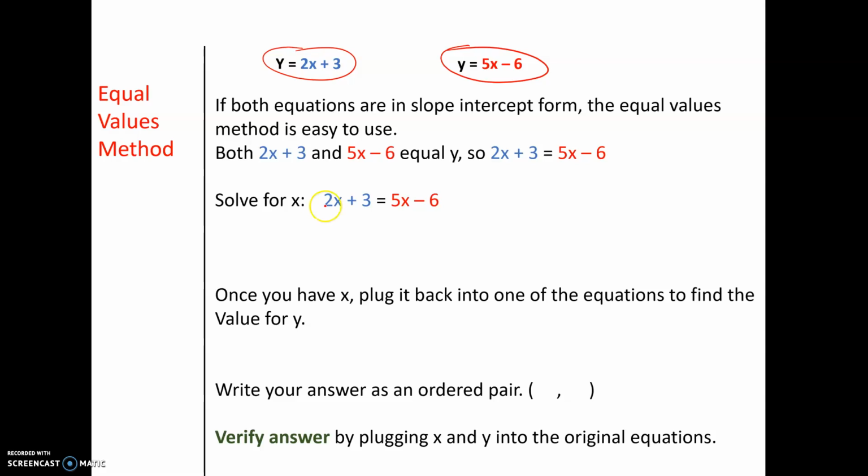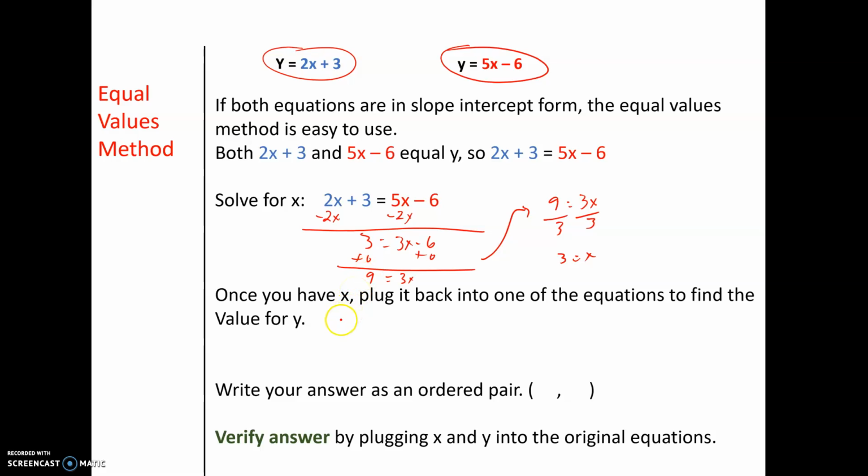So let's solve it. We're going to subtract 2x on both sides. 3 equals 3x minus 6. We're going to add 6. 9 equals 3x. And when we divide by 3, we're going to get 3 for our x answer. Now once we have x, we need to plug it into one of the equations to get y.